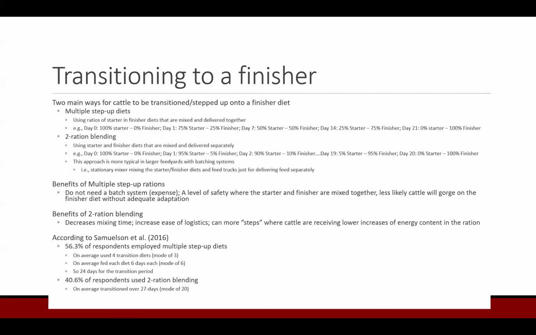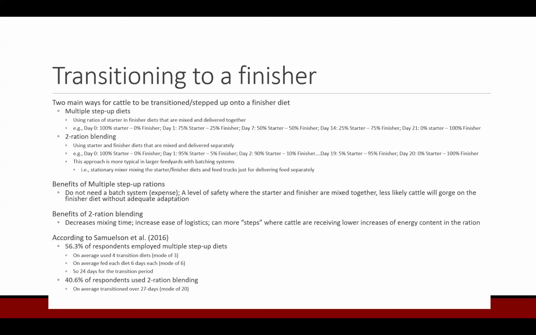Larger commercial feed yards have what are called batch mixing systems. They'll have one mixer dedicated to a starter diet and one dedicated to their finisher diet, and that's all these mixers do. Feed trucks come and get loaded with either a starter or a finisher, and then drive to deliver it to the cattle. So it's a stationary batch mixing system that allows the large commercial feed yards to do the two-ration blending approach.